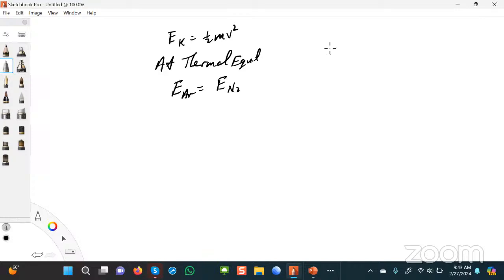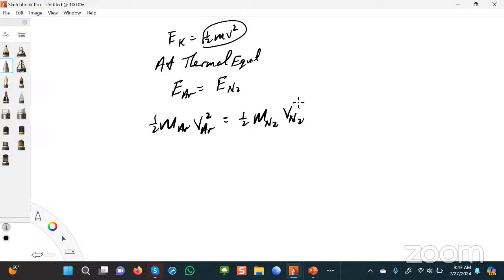So I'm going to write down an expression like this for each of these terms. In the case of argon, it will be half the mass of argon times the average velocity of the argon atom squared, and that would be equal to half the mass of nitrogen multiplied by the velocity of nitrogen squared.